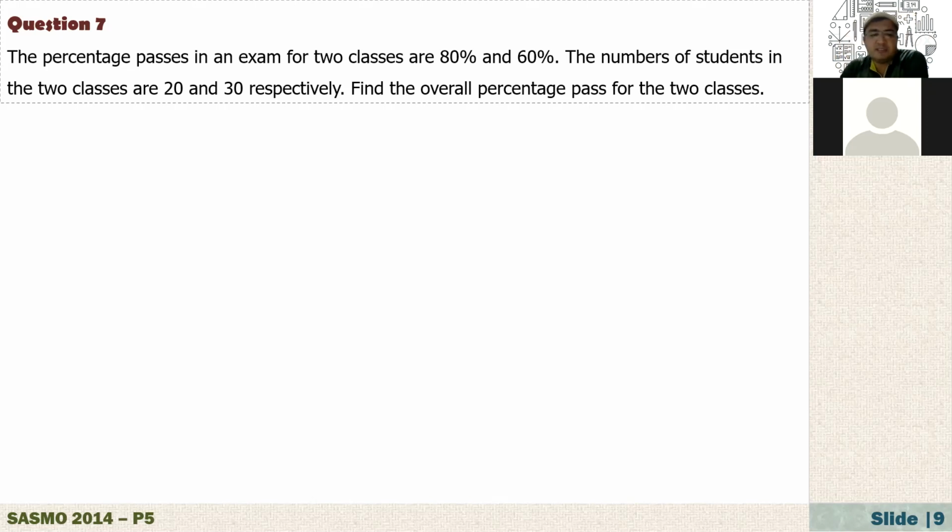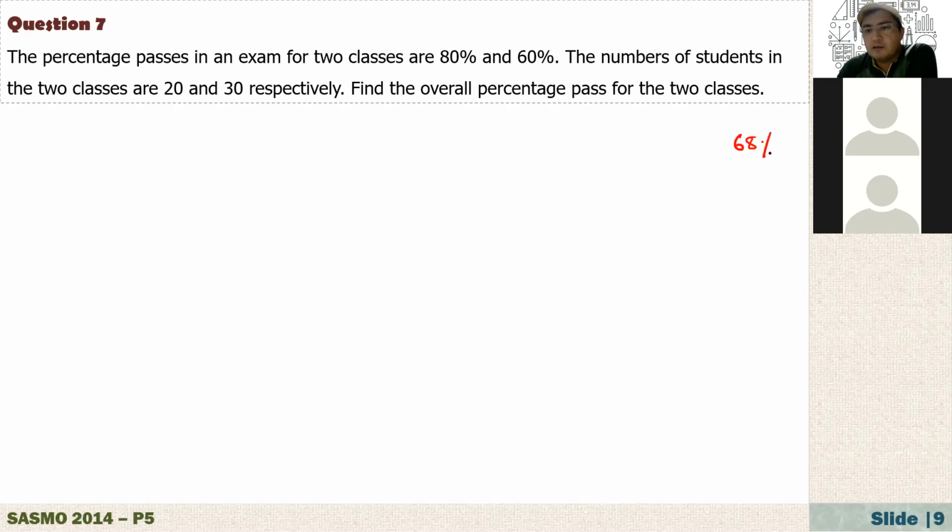Okay. This one is primary 5, and questions are getting a little more complicated, and P6 will be more complicated, but if you know the method, you can do this. By practicing a few questions, you can improve your problem solving skill. Is it 68? Yes, 68.